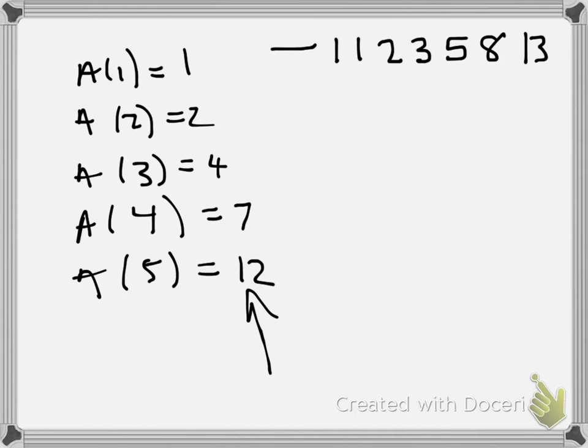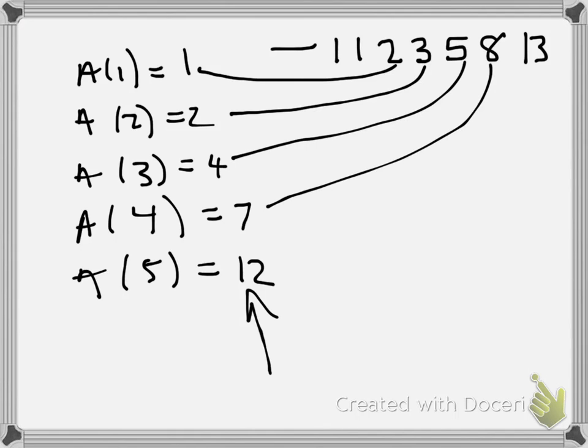If I look at the third Fibonacci number, like if I compare these, I'm going to draw lines, that'll be easier. Each one of these is 1 less than its Fibonacci number. So here, 13 minus 1 is 12, 8 minus 1 is 7.